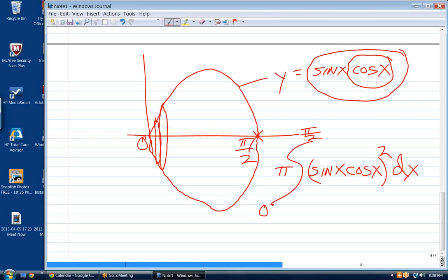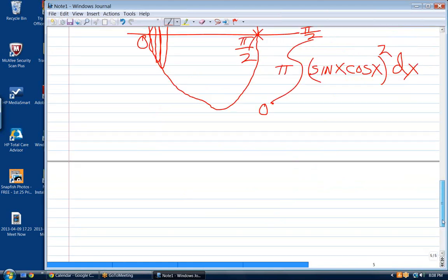Okay? You with me? This makes sense. Now the problem is integrating this thing. So we want to integrate sine squared of x times cosine squared of x dx.